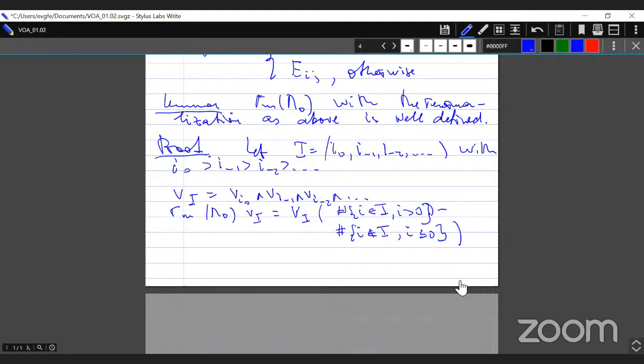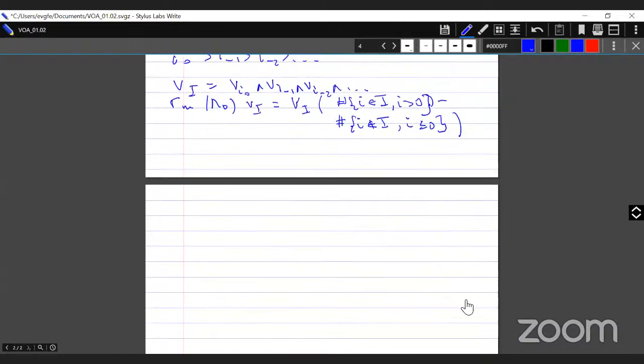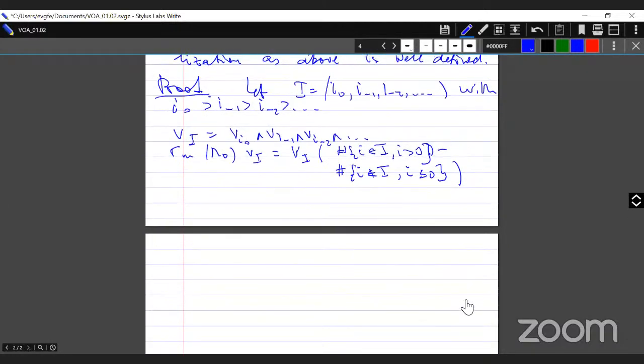It's true because, if a number is, in general, just from the definition.